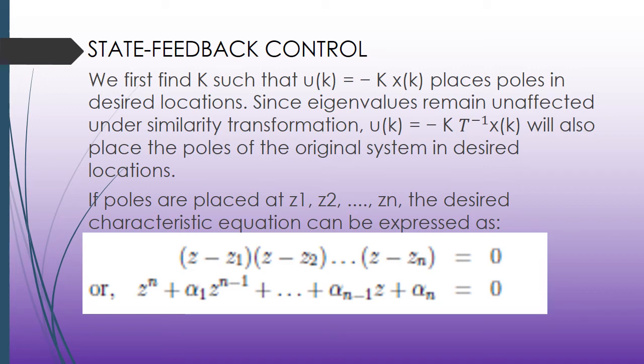If poles are placed at z_1, z_2, until z_n, the desired characteristic equation can be expressed as (z minus z_1)(z minus z_2) until (z minus z_n), which is equal to 0.